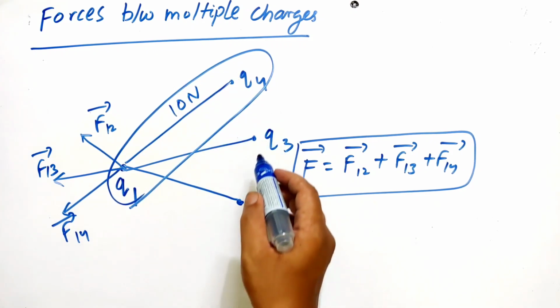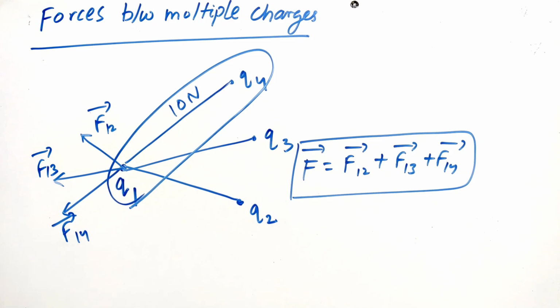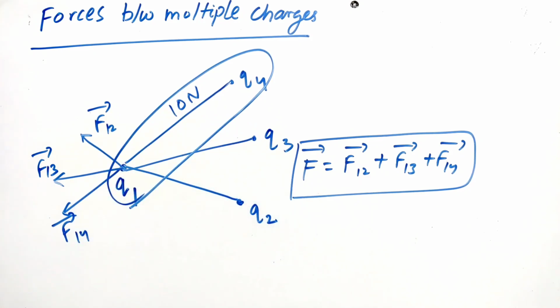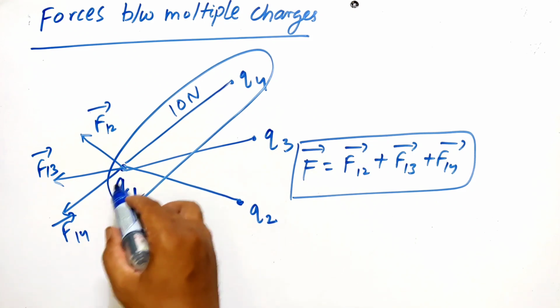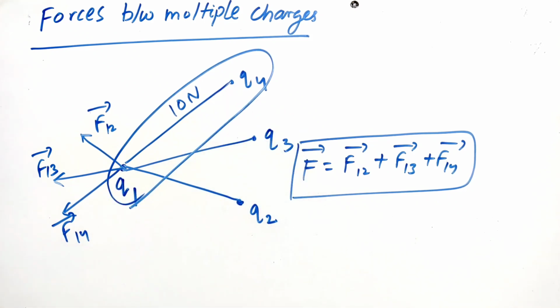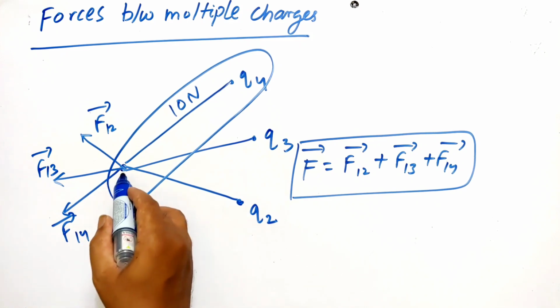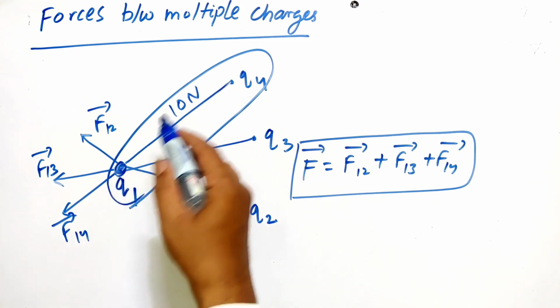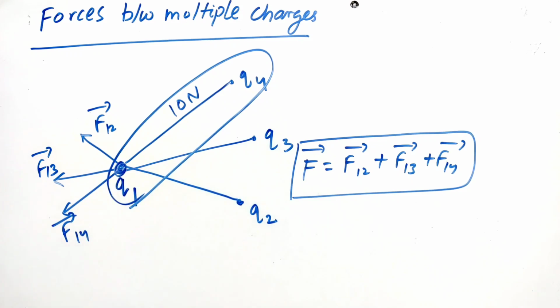Now if Q3 is present between them or anywhere near their configuration, then the force between Q1 and Q4 is not going to be affected. However, the net force on Q1 is going to be affected. The force between the two charged particles is independent of the third charge. This point is very important.